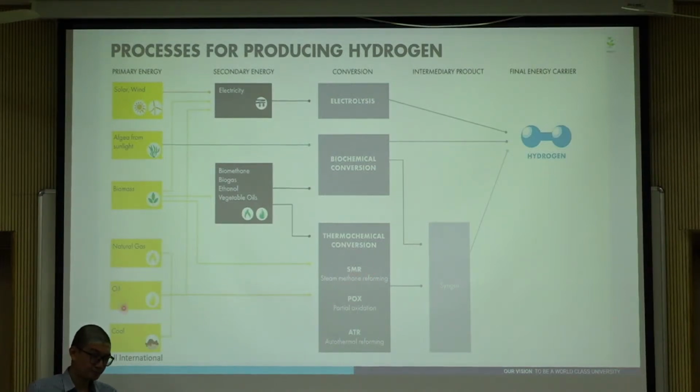So currently, hydrogen mainly depends on natural gas and also coal. Why coal? Because some countries don't have any oil and gas, so they produce their hydrogen using coal. For example, China has an abundance of coal but lacks oil and gas.